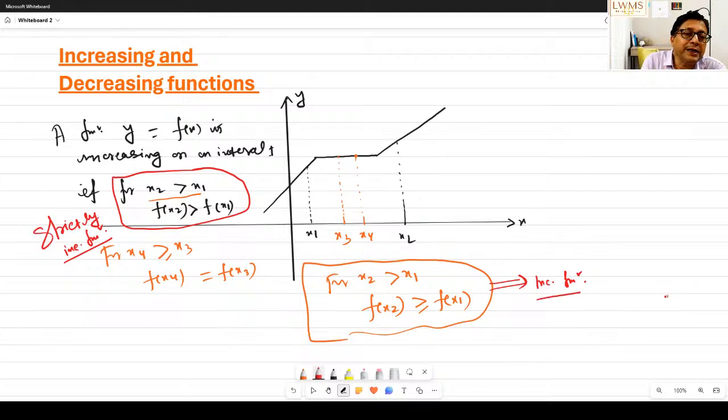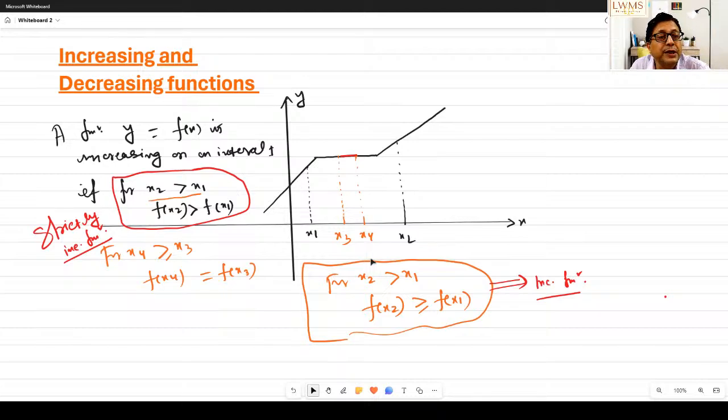So basically the increasing concept arises if this is true, but definition-wise this one also is to be considered, although it is constant in between 2 points. Unless otherwise stated, we will go by this definition of an increasing function.